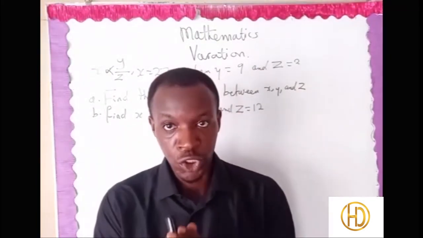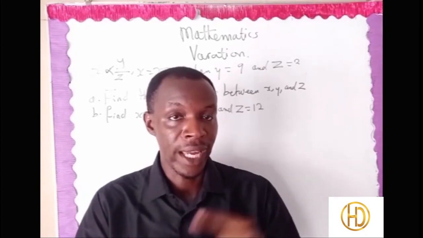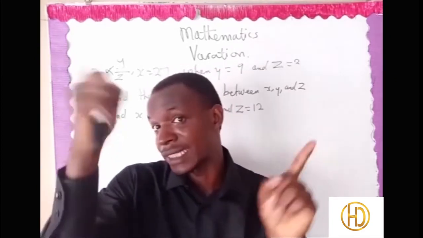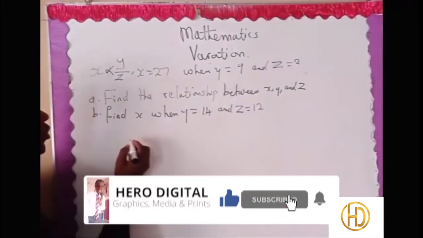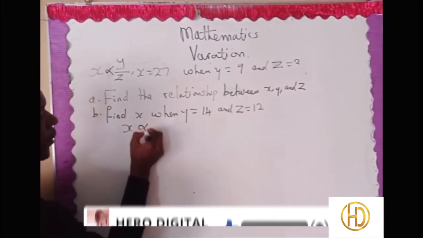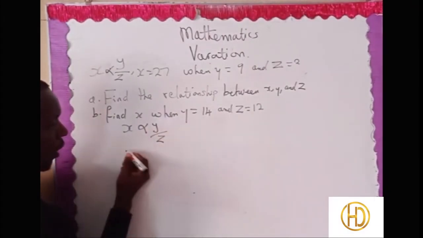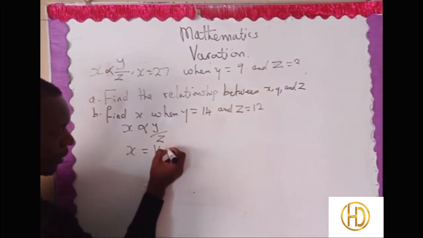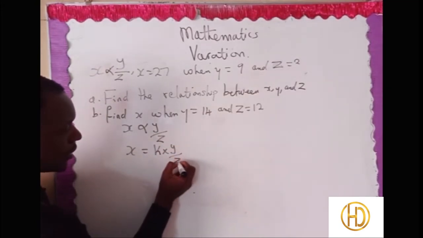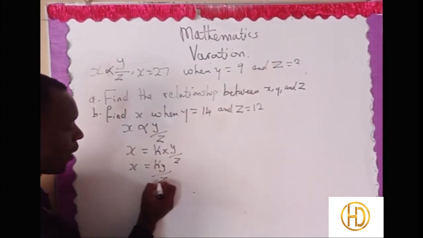Now let's get the relationship first between s and y, z. Don't forget, it is when you introduce your constant k that we have our relationship. So we have s varies as y over z. Introducing our constant k, we're going to have s equals to k times y over z, which is s equals to ky over z.